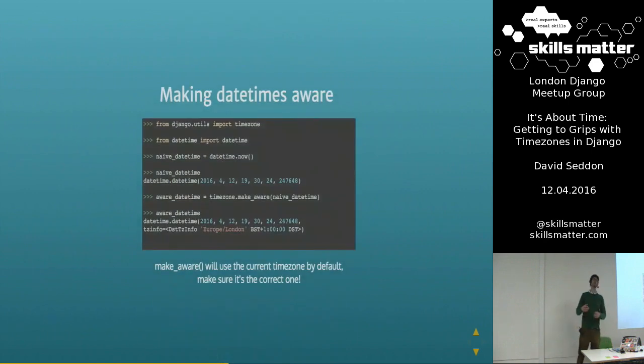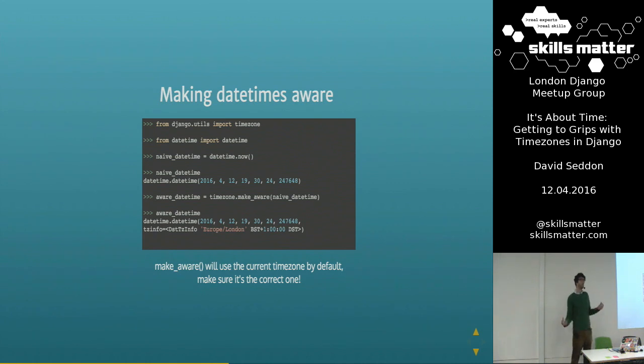Now, what happens if you've got a naive date time and you want to make it aware? Well, we've got the timezone.make_aware function, which is pretty simple. You pass it a naive date time and you get an aware date time. But if you do this, you need to be careful because there isn't as much information in a naive date time as in an aware date time. So what Django does is it assumes that your naive date time is in the current time zone, which usually is the default time zone.